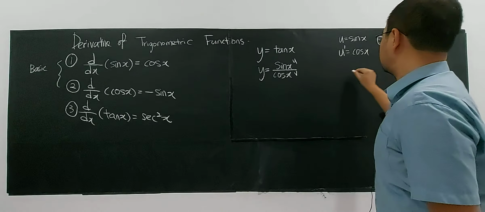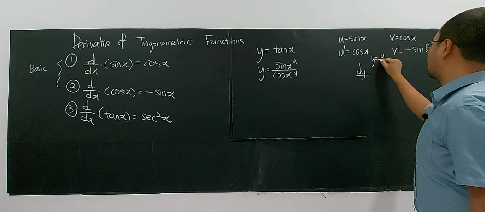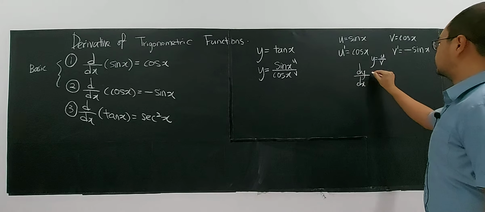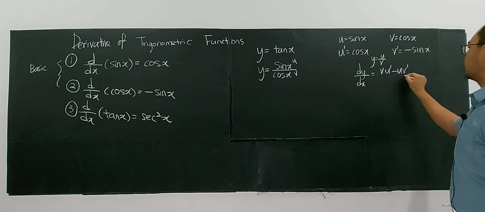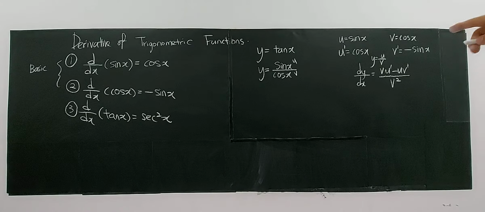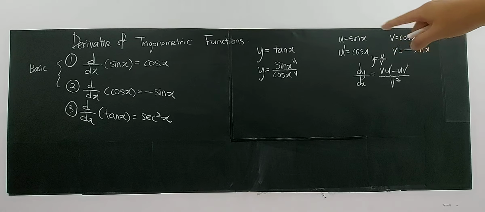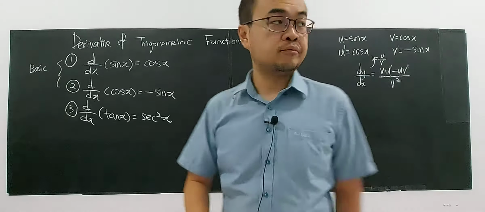As you know, if you have y equals u over v, the quotient rule will be v u prime minus u v prime, divided by v to the power of 2. I'm going to plug in all this information that I differentiated into this formula.